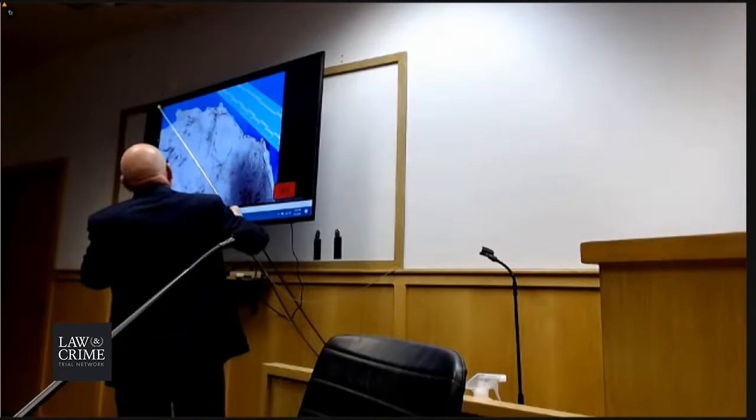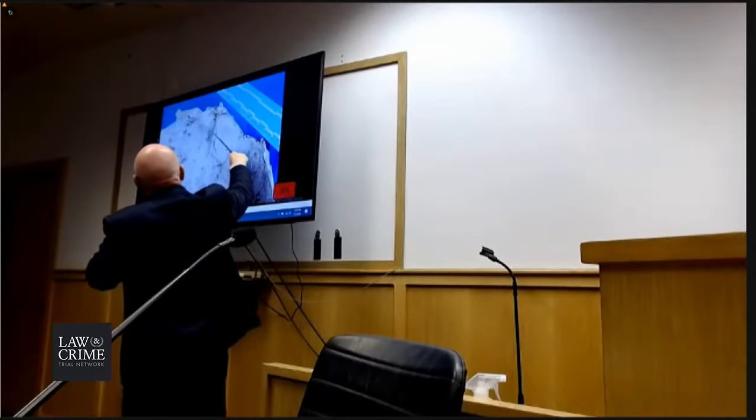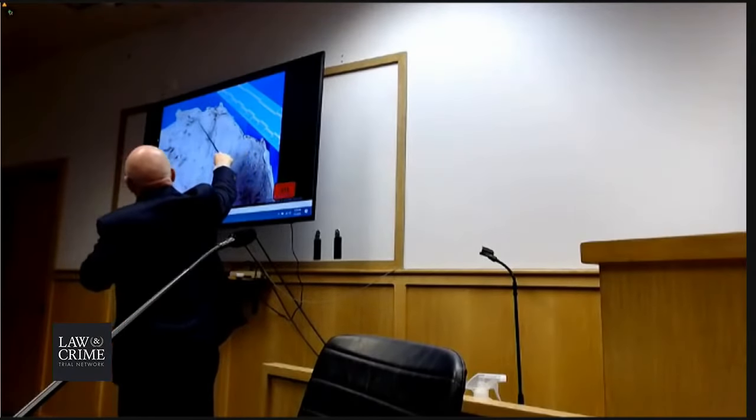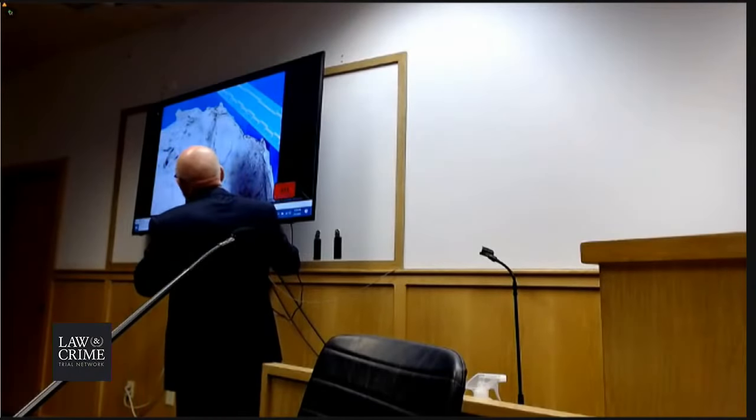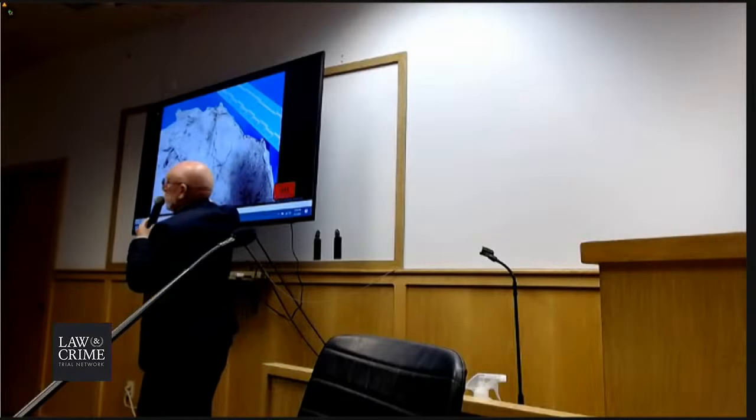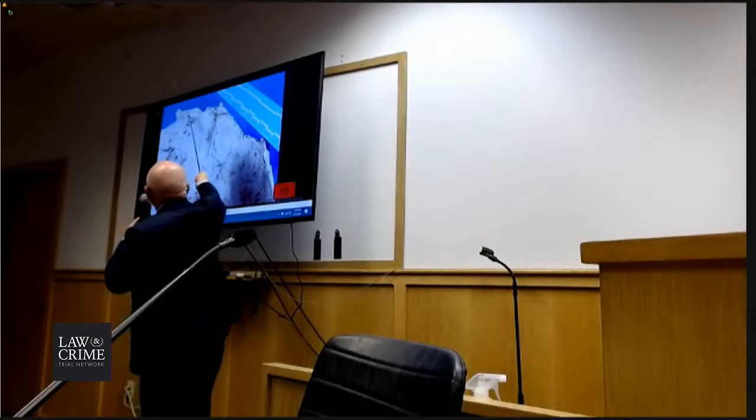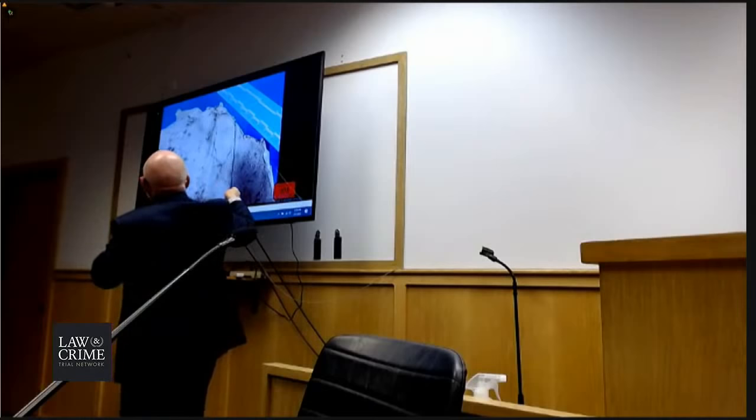What I'd like to do is magnify this picture, but first I'll draw your attention to, and this is a photograph that's depicting the inside of the cranium. So what would be next to the brain? This is the left side of the head. This is the right side of the head. This is the front side.